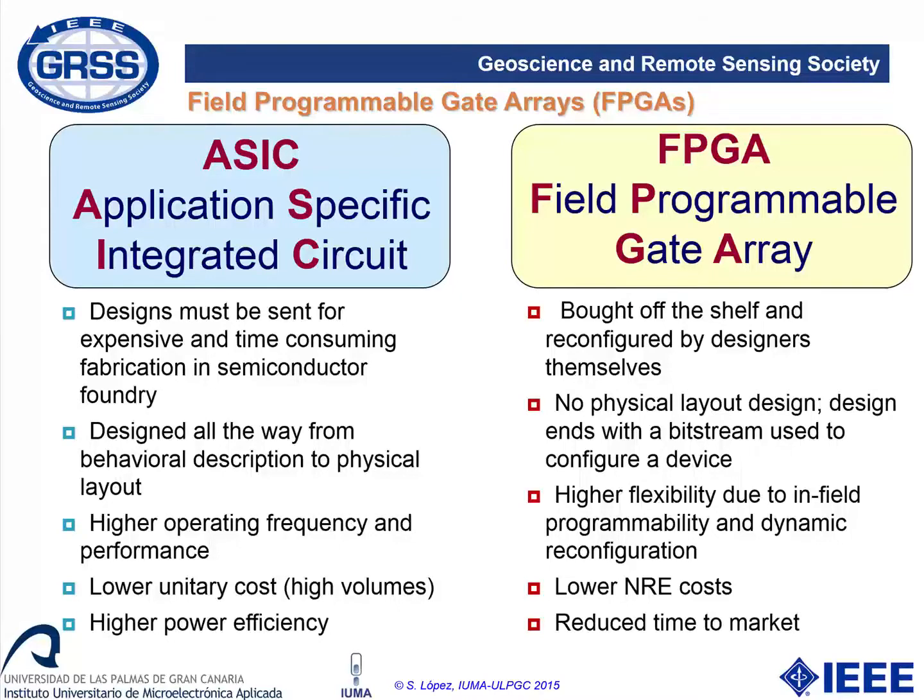Although at the end what we get is a very good, very specialized circuit that performs the process it was conceived for very well, in the sense that it can process all the data very fast with low power dissipation.